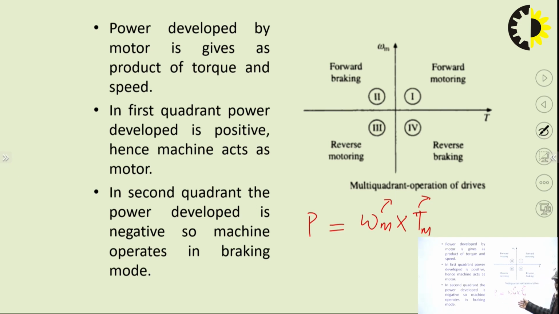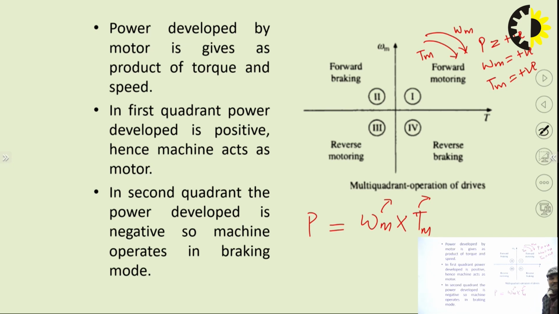We will use this concept for regenerative braking. In the first quadrant, power developed is positive because speed is in the forward direction and torque is also in the forward direction. So speed is positive, torque is positive, therefore power is positive.